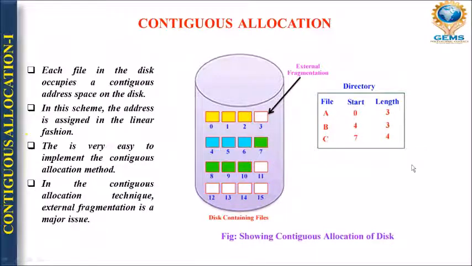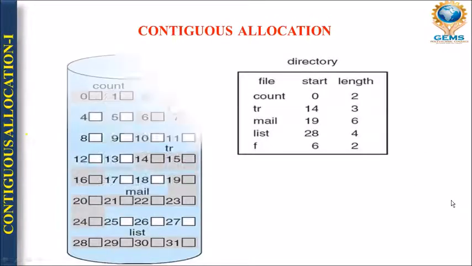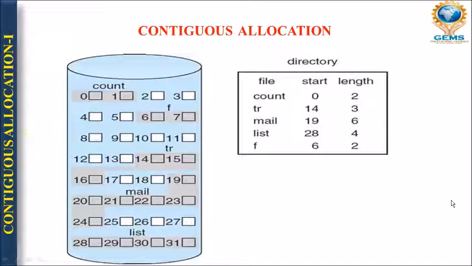And C starts from 7 and has length 4, so it will be 7, 8, 9 and 10. Yellow color is for A, blue color is for B and green color is for C.